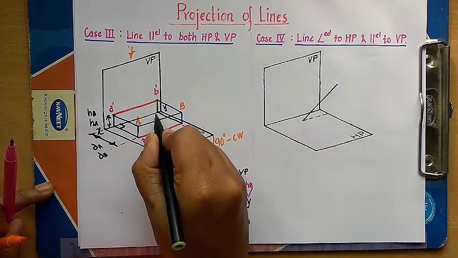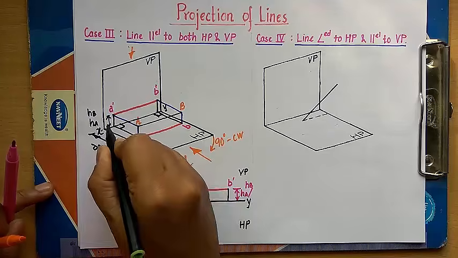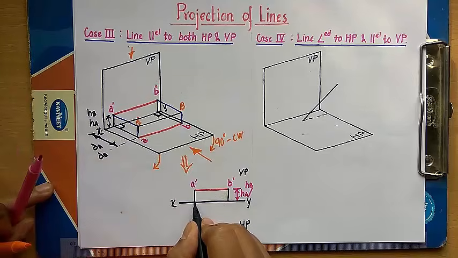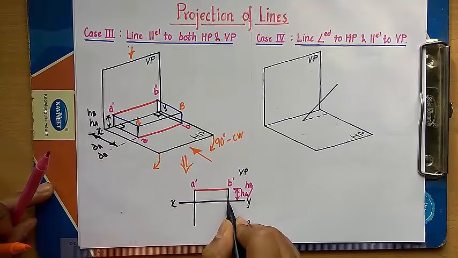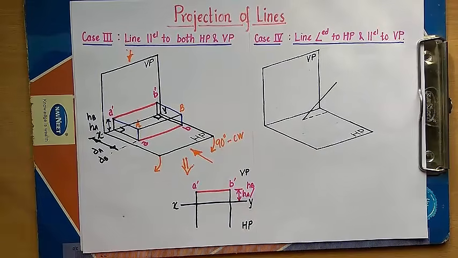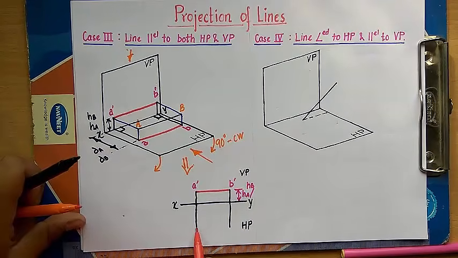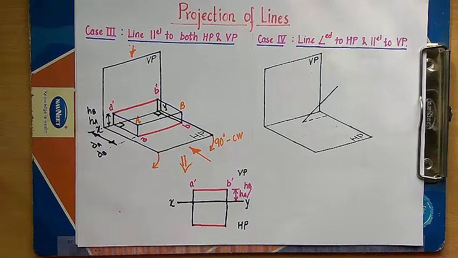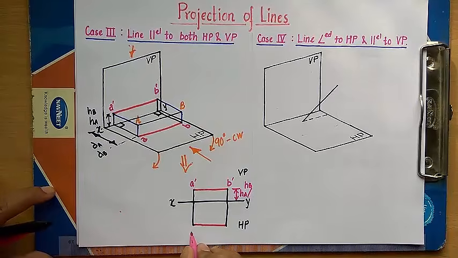This is a 90 degree angle. Now downward direction. That's it, guys. And now finally we have this top view. So this is the top view, and this over here represents point A, and this is point B.